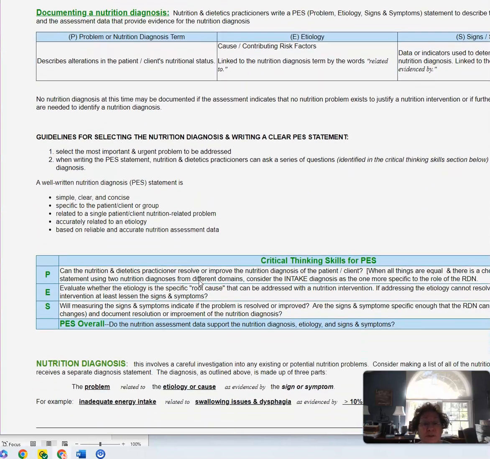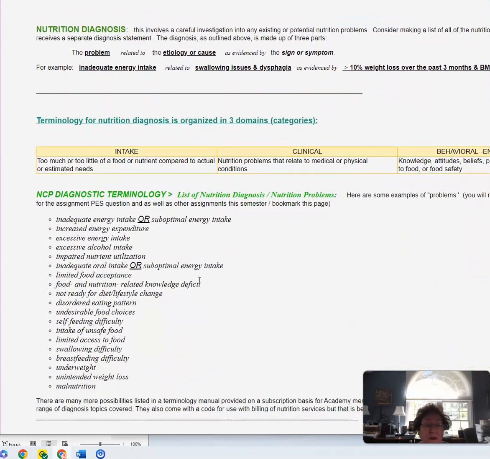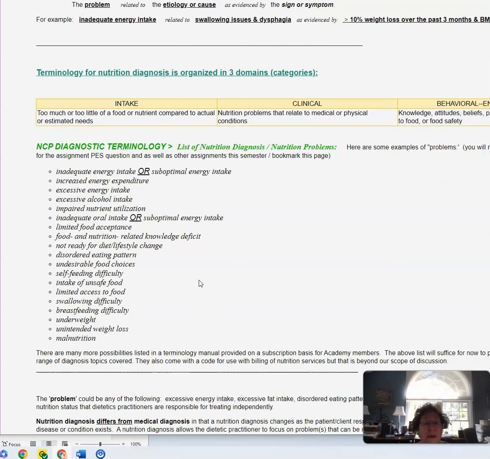So scrolling through the nutrition diagnosis section, we see further down the page this diagnostic terminology. These list a number of nutrition problems, although this is not exclusive. There is a very lengthy list of problems that we could pick from, but I've only selected a few that we'll be using this semester.